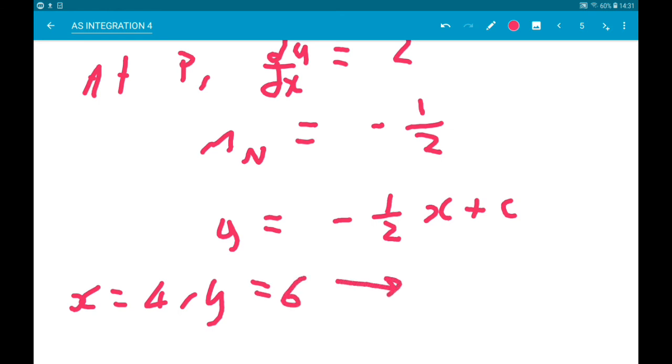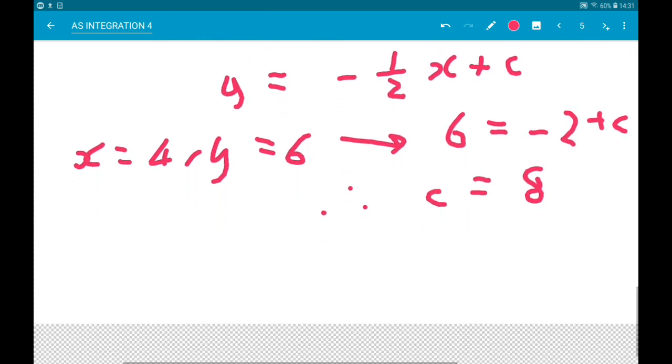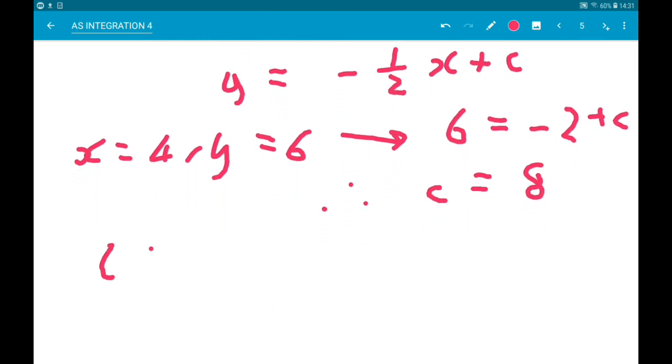So that gives us 6 equals minus 2 add c. So c is 8. So finally, the normal, or the line L, is y is minus 1/2 x add 8.